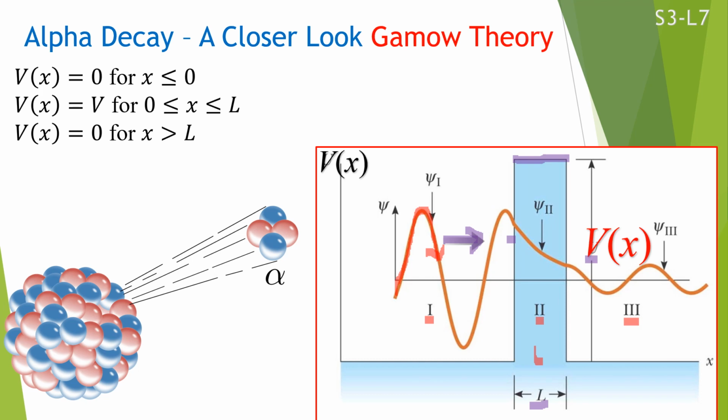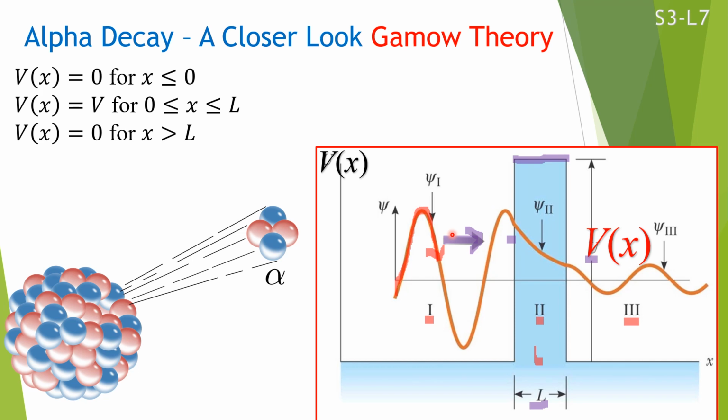In region 1, incident and reflected alpha particles, or waves associated with the alpha particle, are present. So here you can see a nice wave progressing towards the potential barrier. This incident and reflected wave we are going to consider mathematically. Here only the advancing wave is being shown; mathematically we shall consider both incident and reflected.